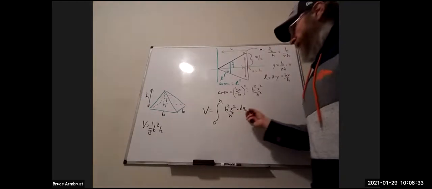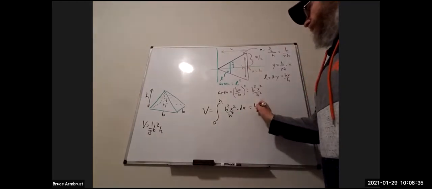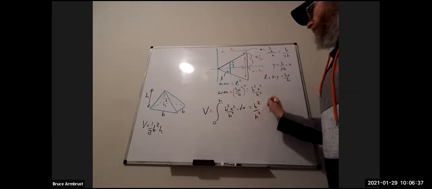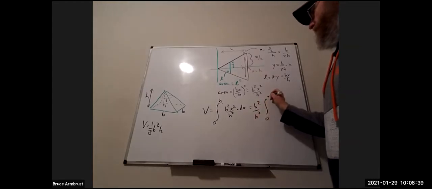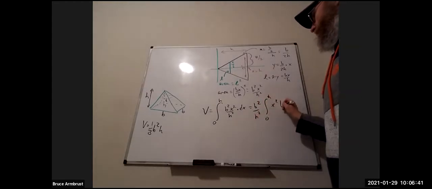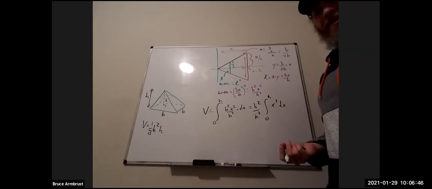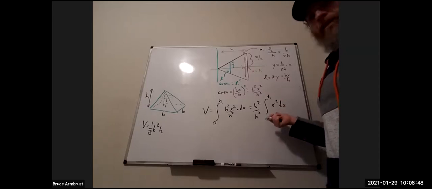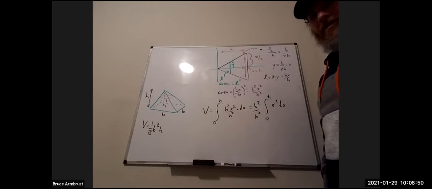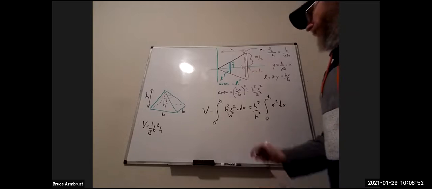All right, well, the b and h are constants. So let me pull those out. So we're integrating x squared. So not only were we able to set up the integral, it's actually a really easy integral to do. We love integrating x squared.